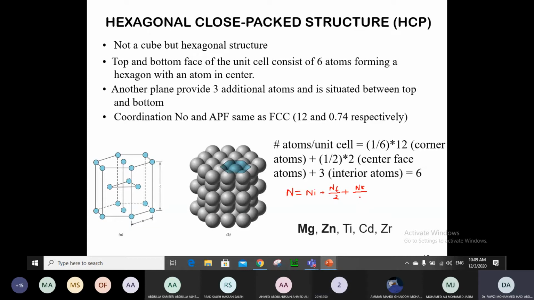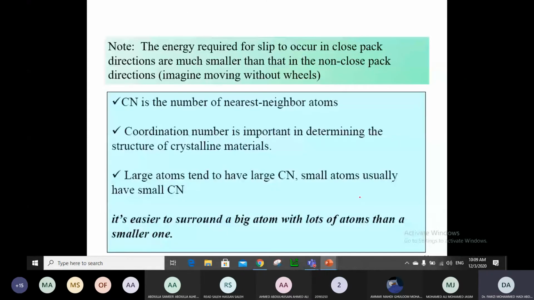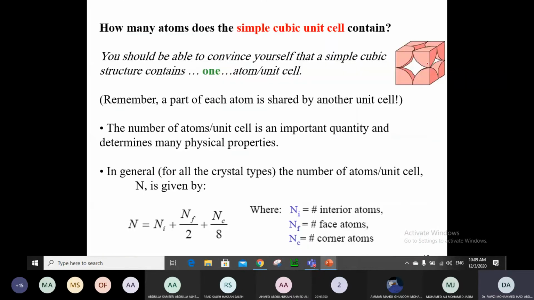In the cubic crystal structures, we did look at this, and we explained that every corner atom is 1/8 of an atom. That's why in the formula, the number of corner atoms is divided by 8. That's why we used 1/8 in the formula.